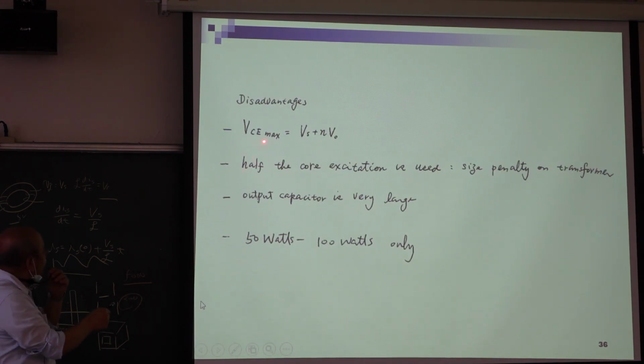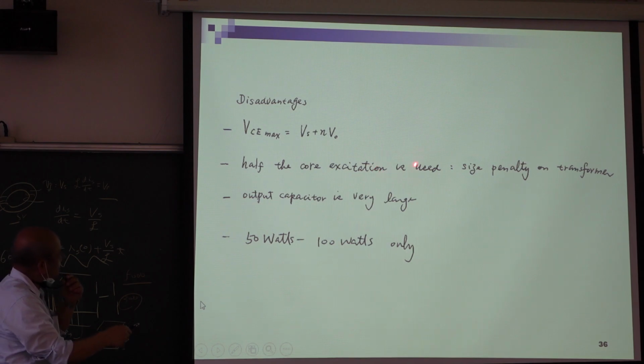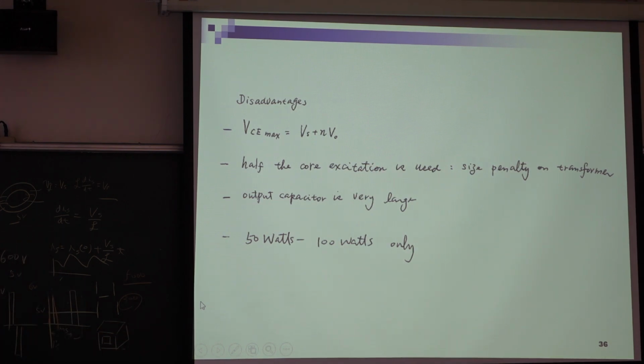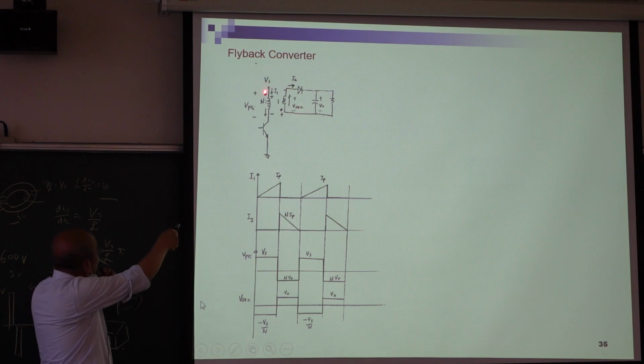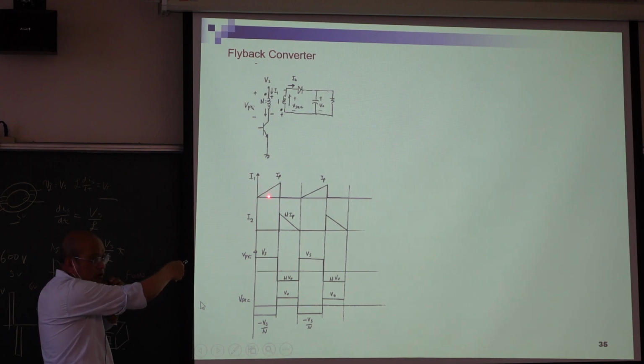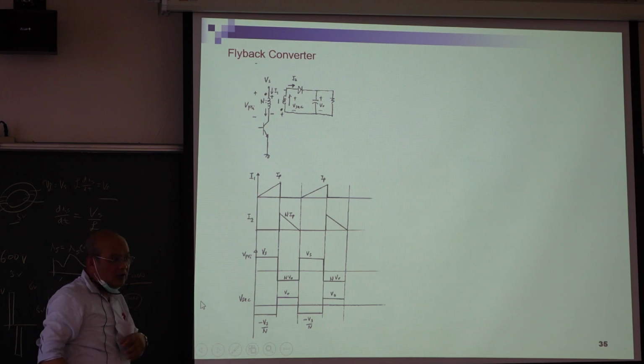And half the core excitation is used. So what does this mean? This is a transformer. But for the transformer, the primary side is only turned on for half a cycle. The secondary side is only turned on for half a cycle.